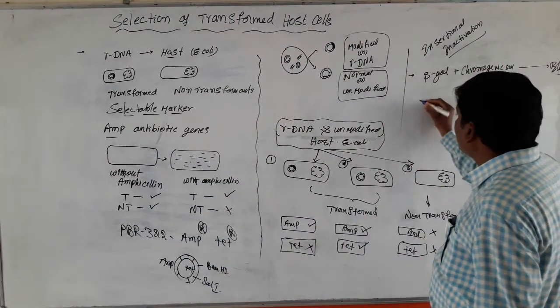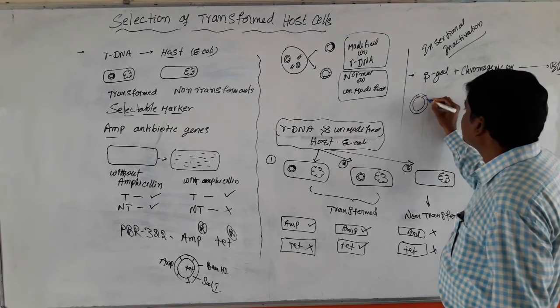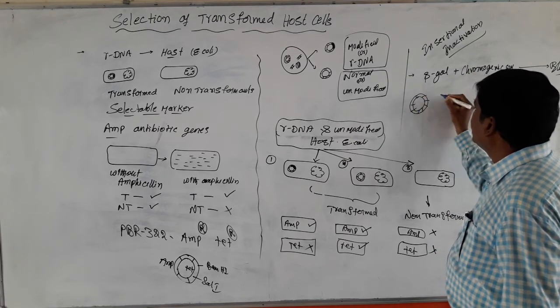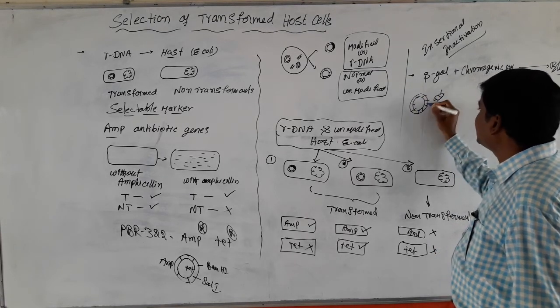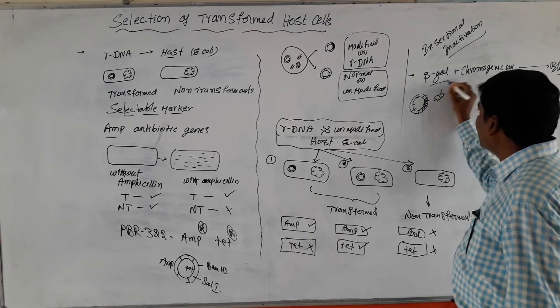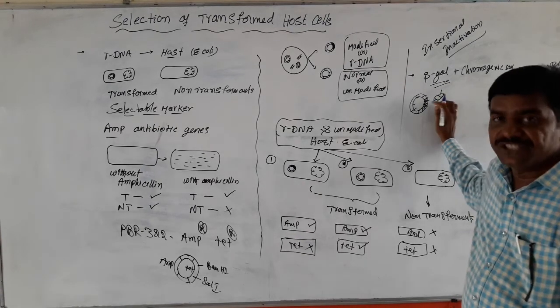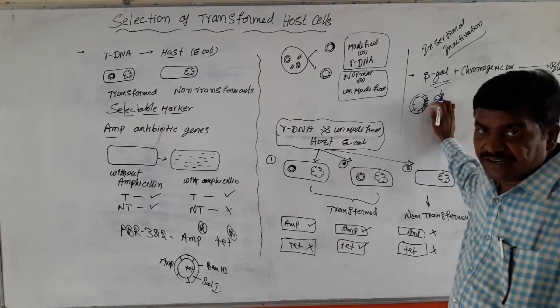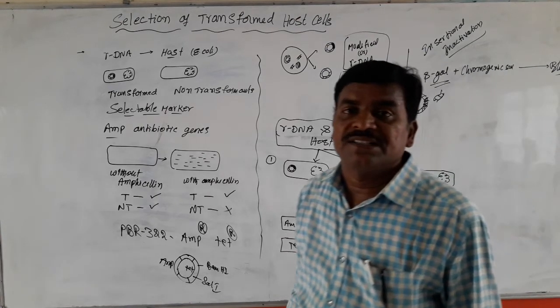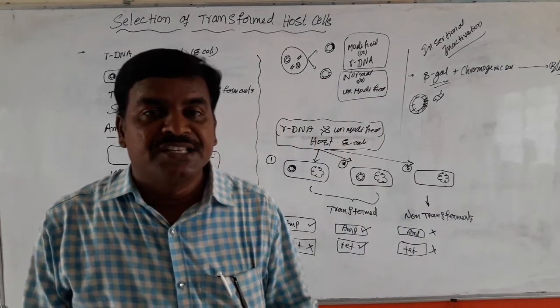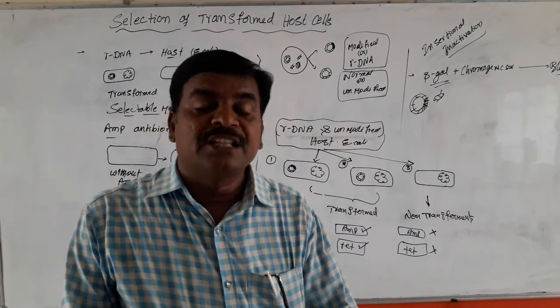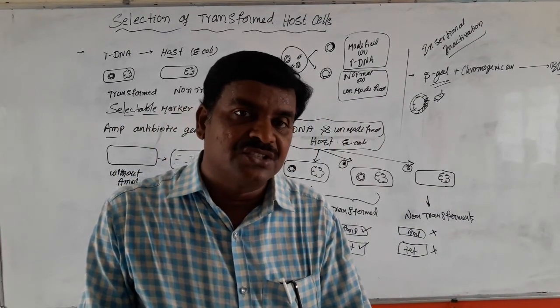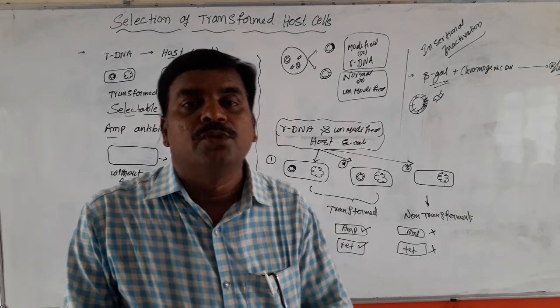Here, for example, this is a plasmid. The desired genes are inserted into the beta galactosidase synthesizing genes. So beta galactosidase synthesizing genes will be inactivated in such type of bacterial cells. Beta galactosidase enzyme is not formed. In the presence of chromogenic substance, they do not convert it into blue color.